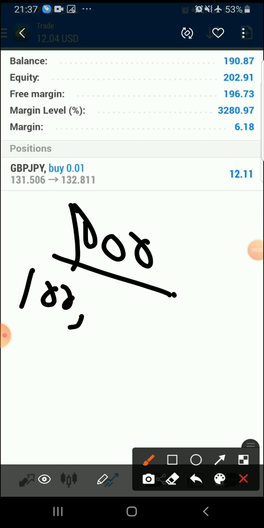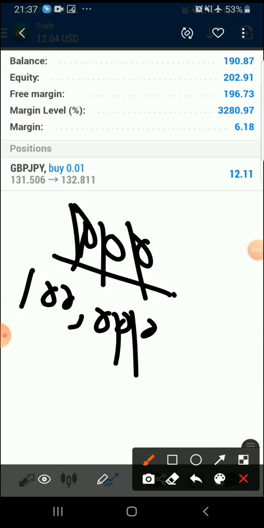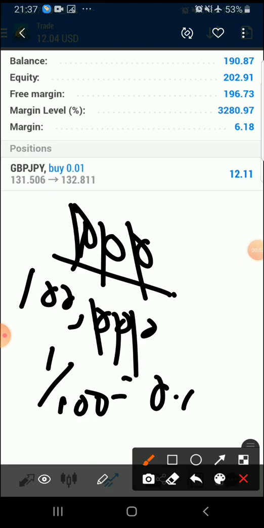A full lot size is 100,000 US dollars. That's how we do this mathematics. So zeros cancel zeros. What do we have? We have 1 all over 100, which, as you know, is 0.01. Are you seeing that? That's exactly the minimum lot size, changing it to the nearest thousand. So we have 0.01 lot size, as simple as that.